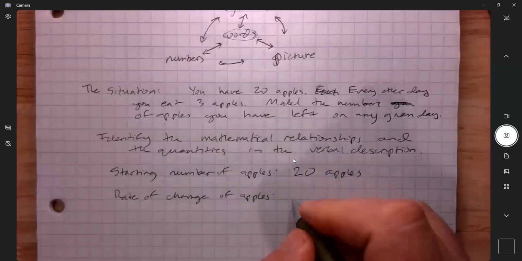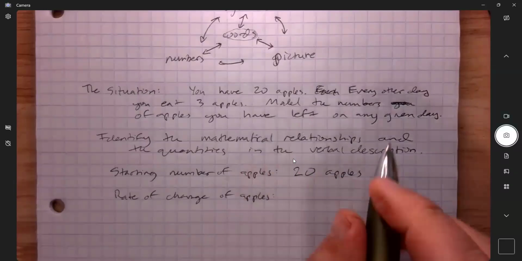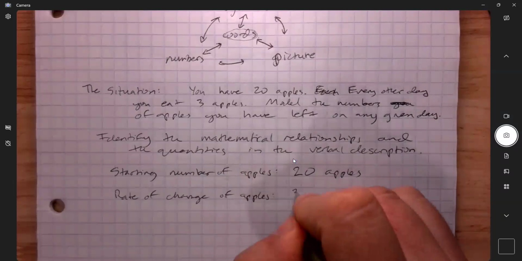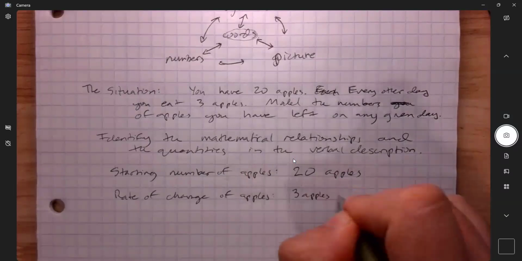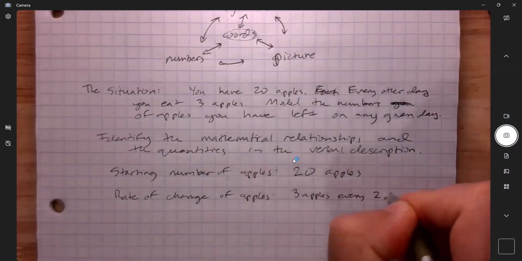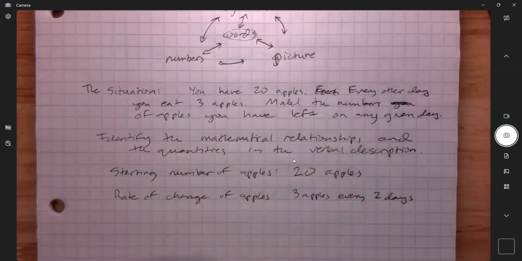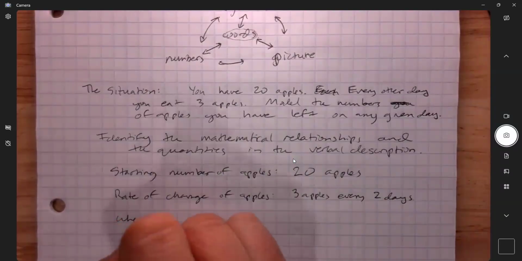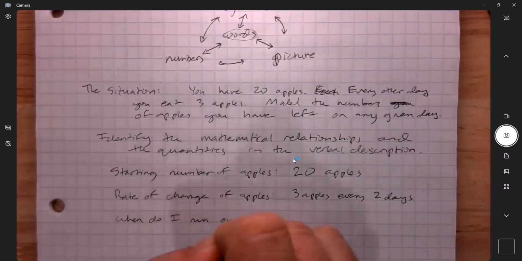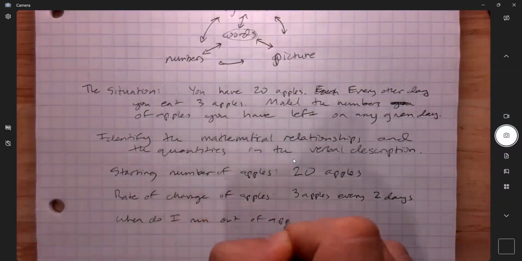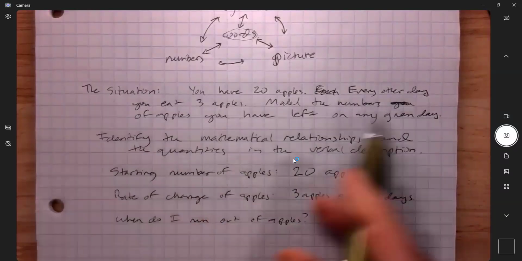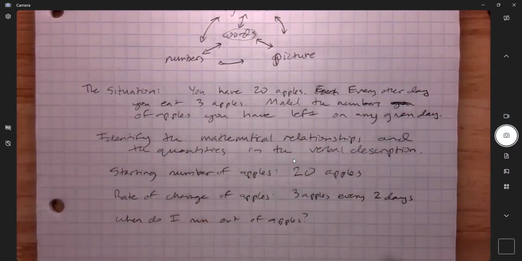And that is, let's see, every other day I eat 3 apples. So that's 3 apples every 2 days. I might also want to know, when do I run out of apples? But you see, that's not in this sentence. I'm going to have to do some math to get to that.